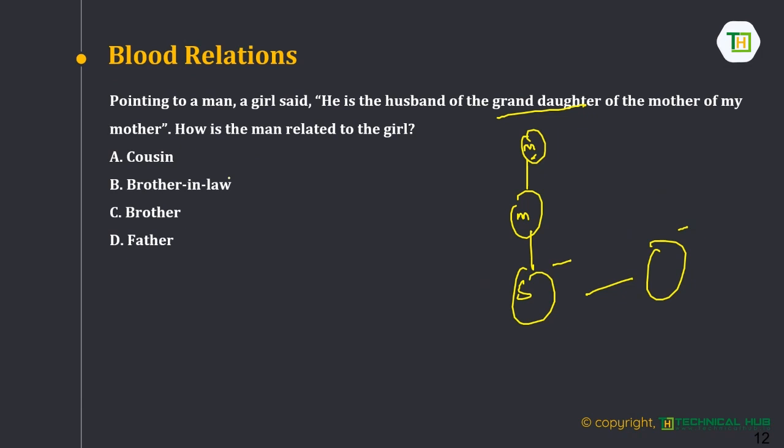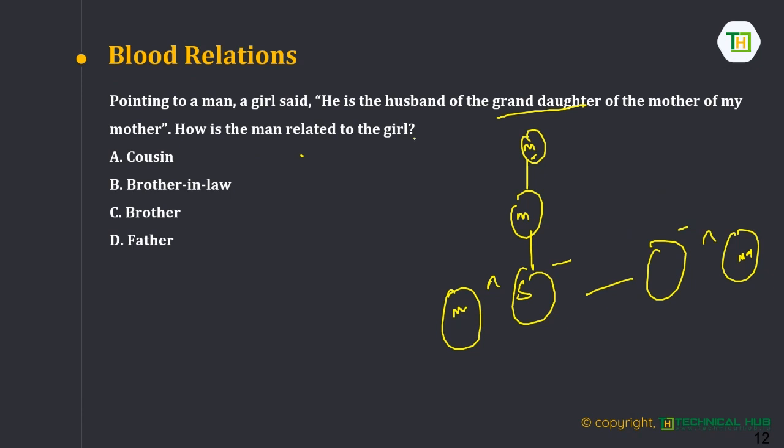Next, he is the husband of that granddaughter. Suppose the speaker is taken, then the speaker's husband is here, and that person is a man. Suppose the speaker's sibling is taken, this is the sibling's husband, the man.